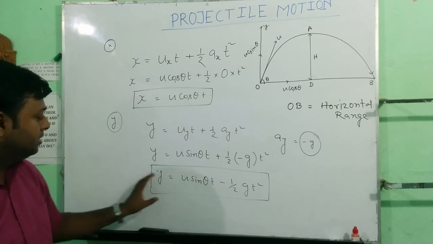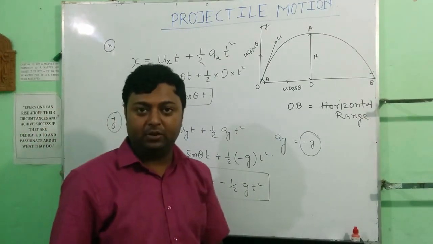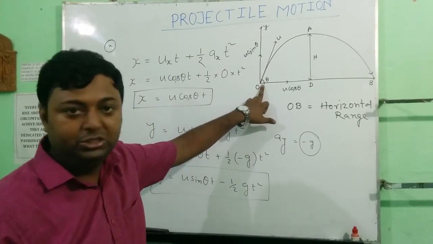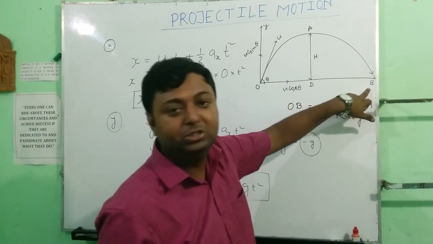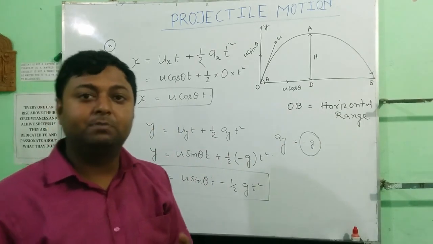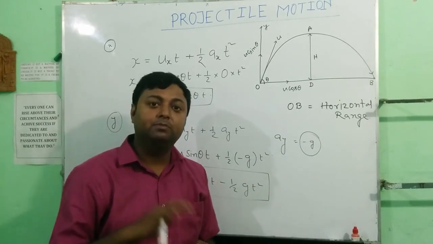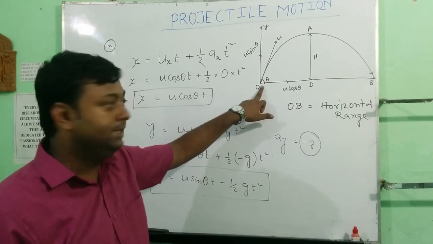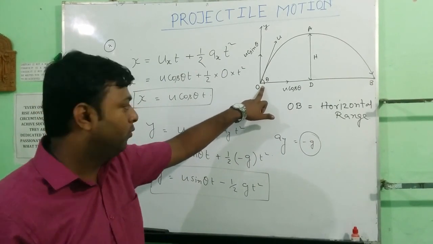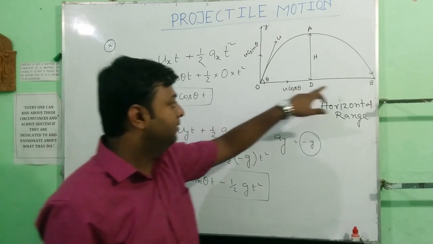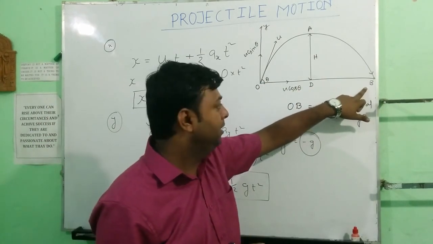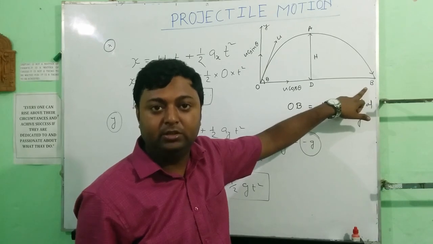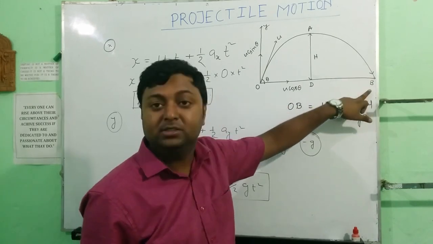After time t, we discuss time of flight. That means the time between the particle at position O and the particle at position B, during which the particle is in the air, that is flight mode. At point O the x coordinate is 0 and the y coordinate is also 0, and at point B the x coordinate has a value, the horizontal range, but the y coordinate is 0.